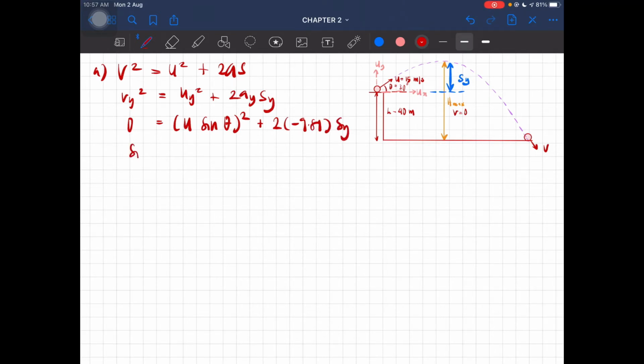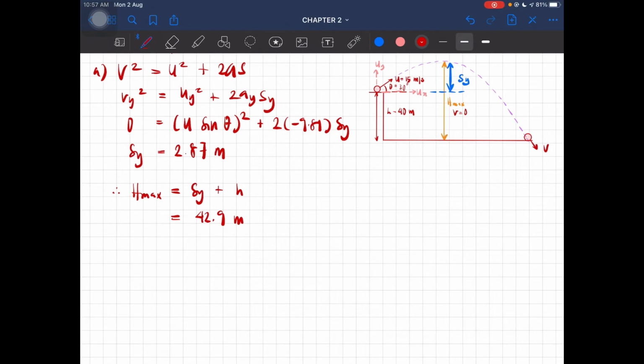Okay, so rearrange and calculate. You will then get the maximum height from the top of the building to be 2.87 meters. Hence, the maximum height is equal to sy plus 40, which is h, the height of the building. So then you'll get 42.9 meters to be the maximum height from the ground.